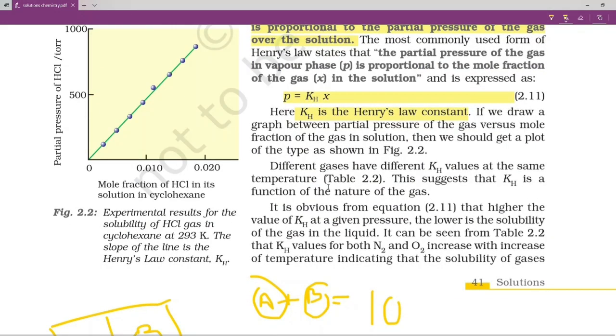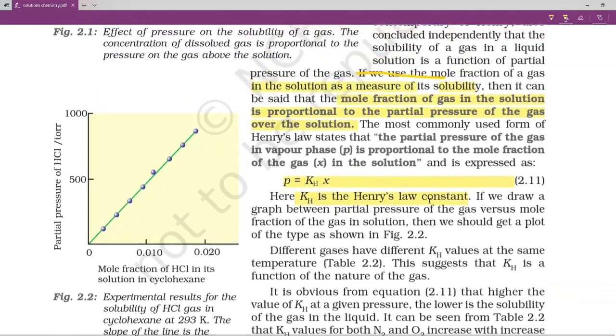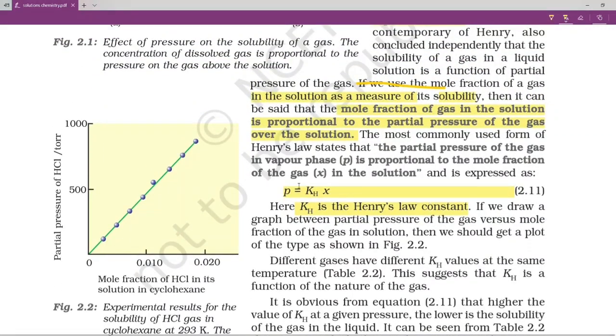So different gases have different KH values at the same temperature. This suggests that KH is a function of the nature of the gas. You can physically realize the significance of this law by taking the example of a cold drink.